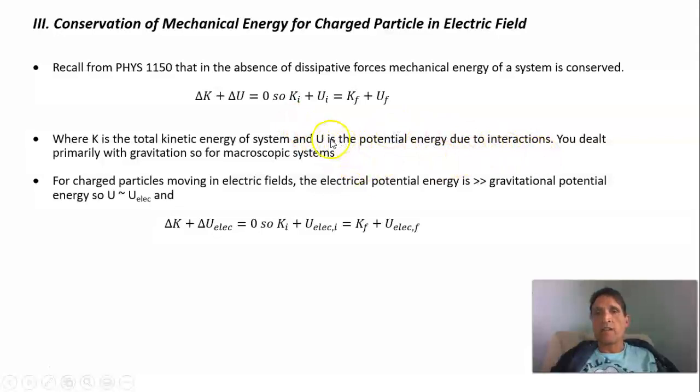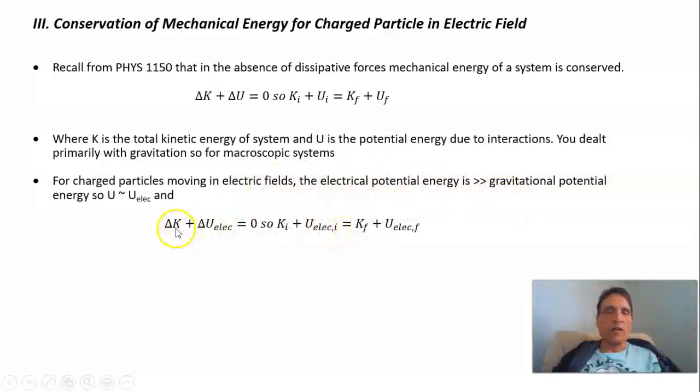Okay, in 1150, this U was almost always the gravitational potential energy. Now we're going to include other types of potential energy, such as electrical potential. So if you just have a charge moving in an electric field, a charged particle, remember that gravity is so much weaker than the electrical force for these light particles, electrons, protons, ions, molecules, that the electric field dominates and virtually all of the potential energy is electric, okay?